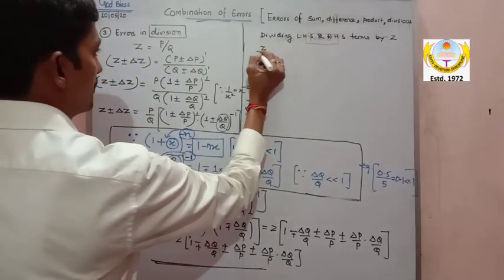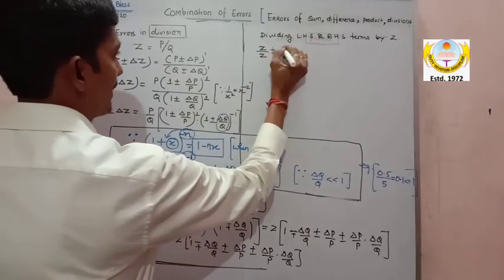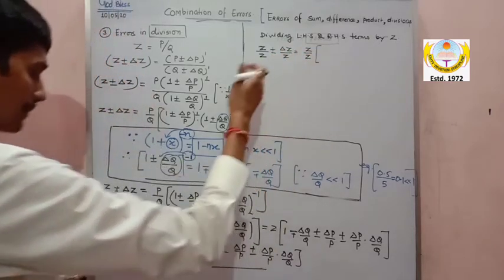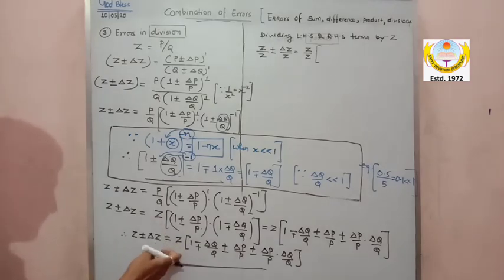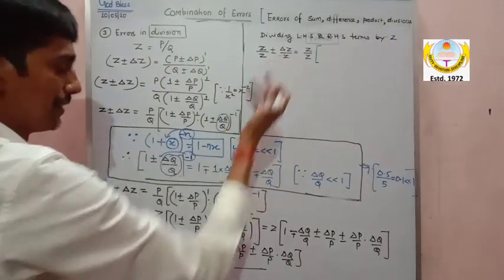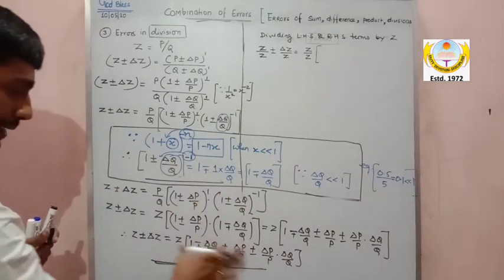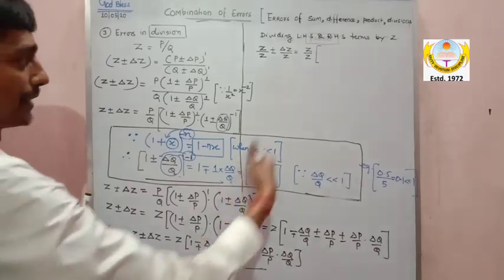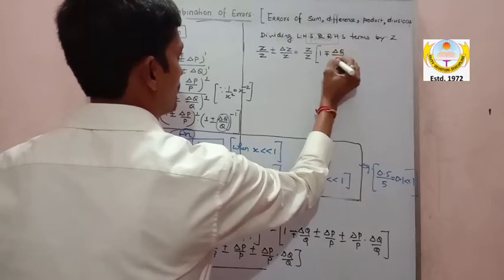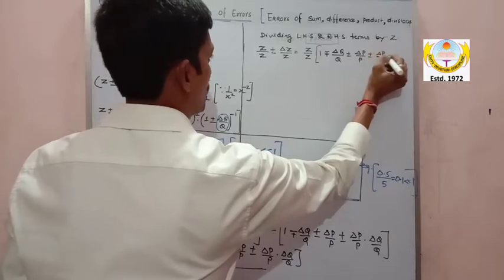This is z by z, and plus minus delta z by z is equal to z by z, because z is common to every term, so I have divided by z. Everything is multiplied to this z, so I have to divide once only so that I can balance the equation. Once this is divided, everything is divided, and here it is 1 minus plus delta q by q plus minus delta p by p plus minus delta p by p into delta q by q.